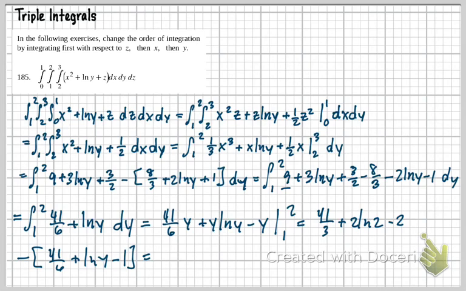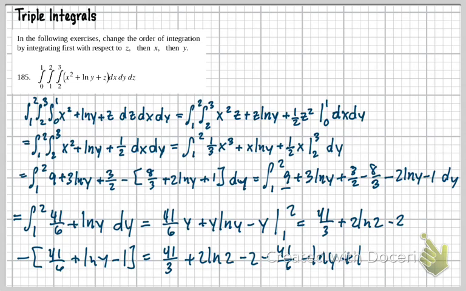So I'm going to have 41/3 plus 2 ln of 2 minus 2 minus 41/6 minus ln of y plus 1.